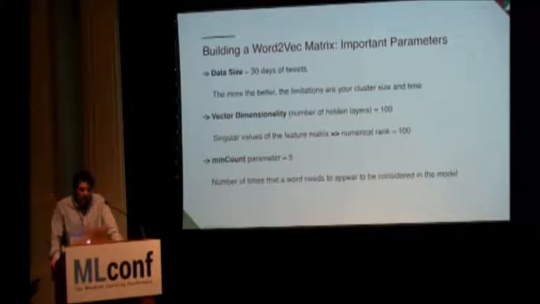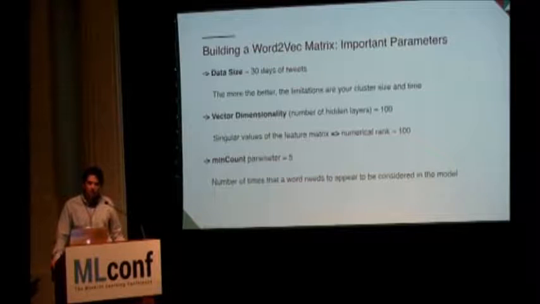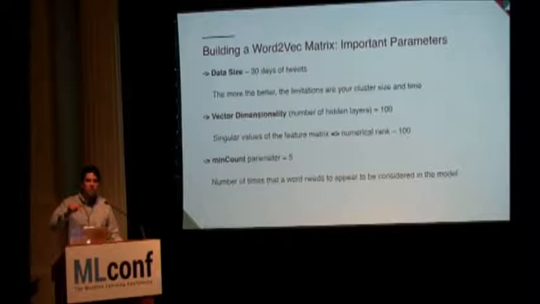And also the vector dimensionality that I forgot to mention a while ago, in line with the videos that we have been seeing, is related to the number of hidden layers in the deep learning. And I use 100. So each vector associated with the words has 100 dimensions.